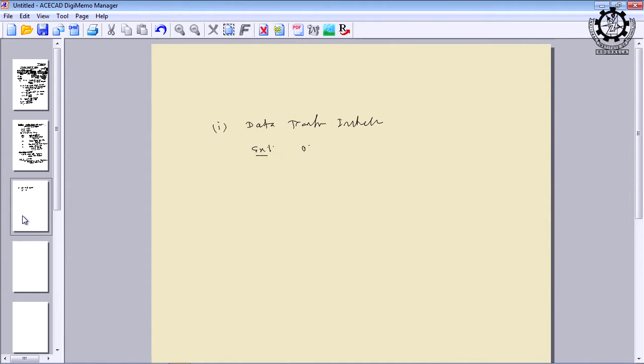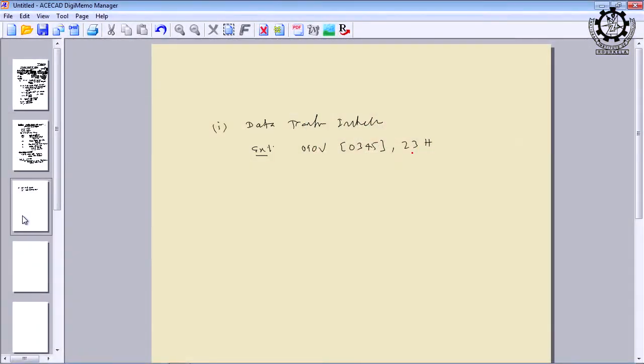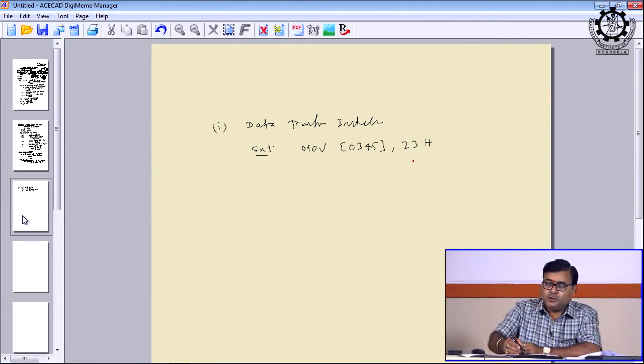Example 1, MOV [0345], 23H. What is the meaning of this? This is clearly a data transfer instruction, and here, as I told you, in the Intel series of microprocessors, the source is on the right side and the destination is always on the left side. So, transferring the data means you are transferring 23 into a memory location whose displacement value is 0345.